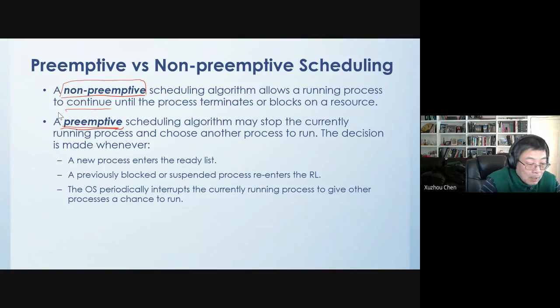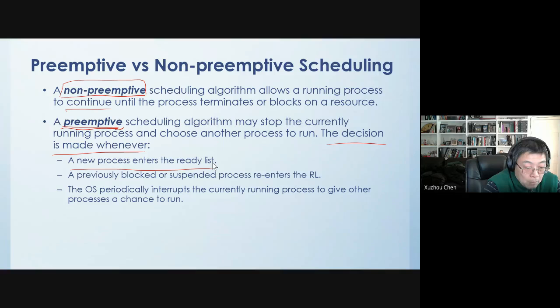Now, preemptive scheduling normally makes the decision whether to switch the process in the CPU with a process in the ready list based on a couple of different conditions. The decision is made whenever a new process enters the ready list.